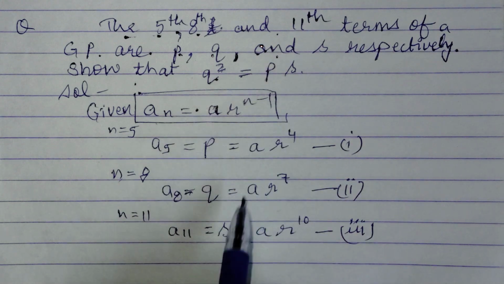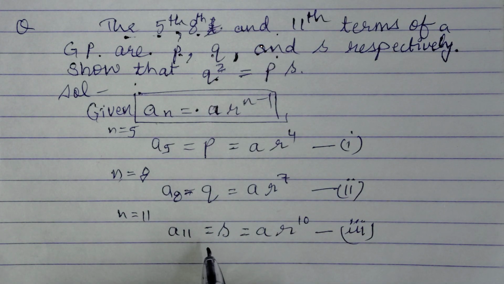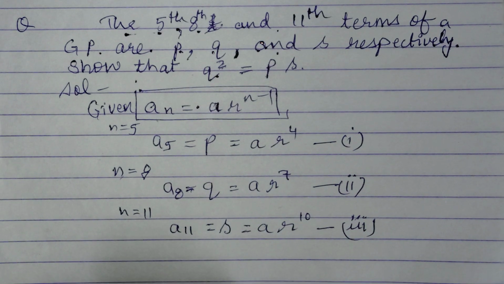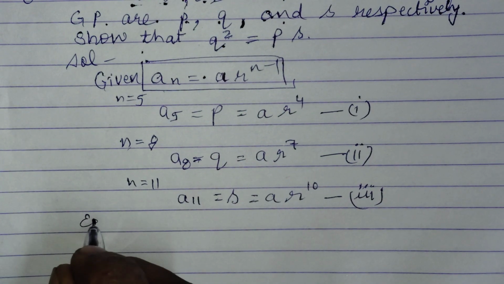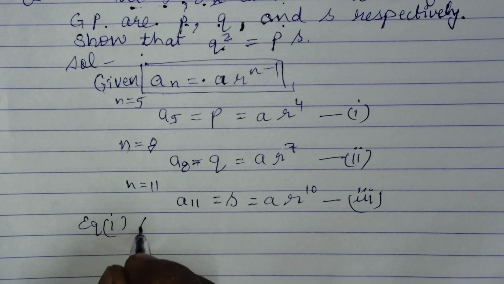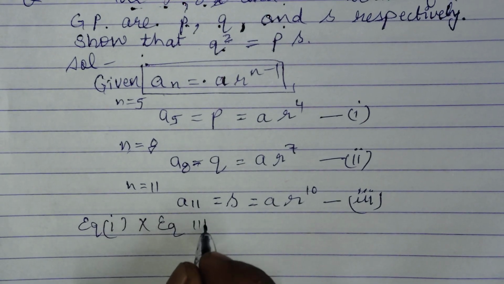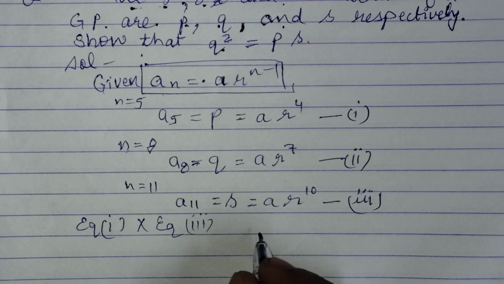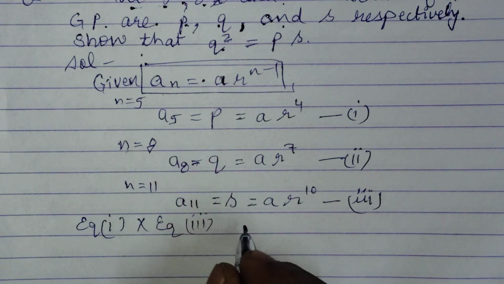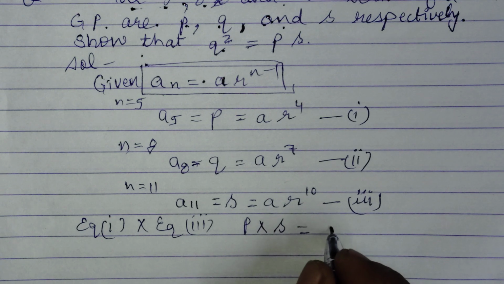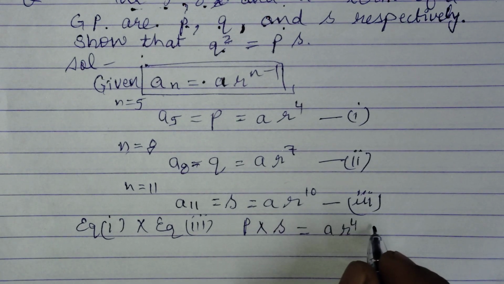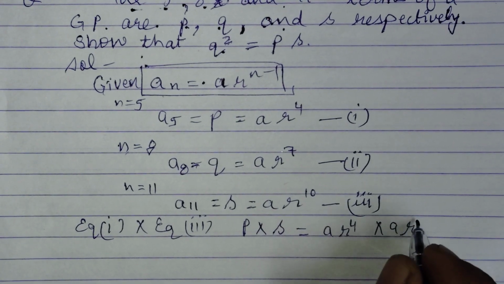Now for P into S, which equations do we use? First and third equation give us P into S. So multiply equation 1 and equation 3. On the left side we get P and S. On the right side we get a into r power 4 multiplied by a into r power 10.